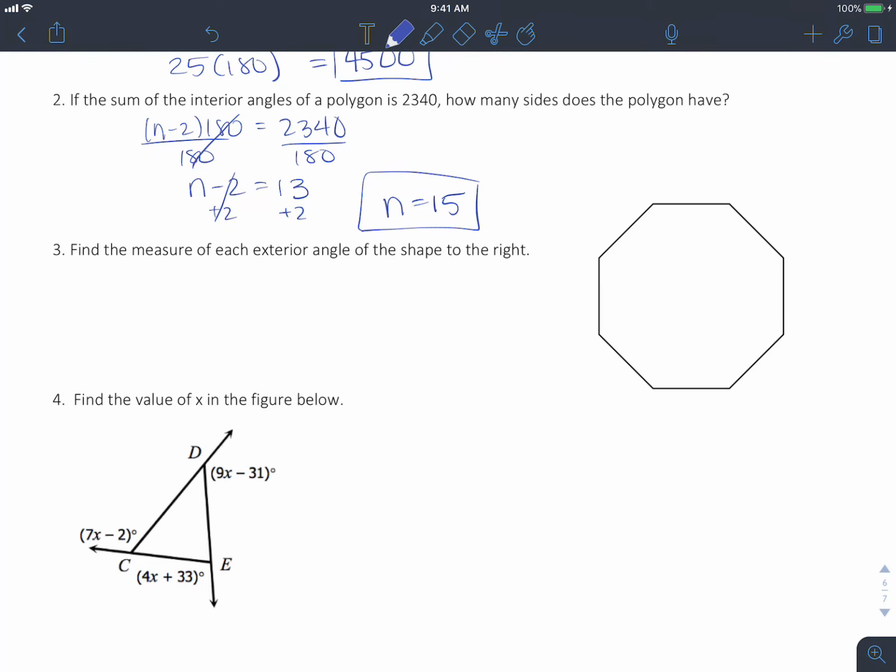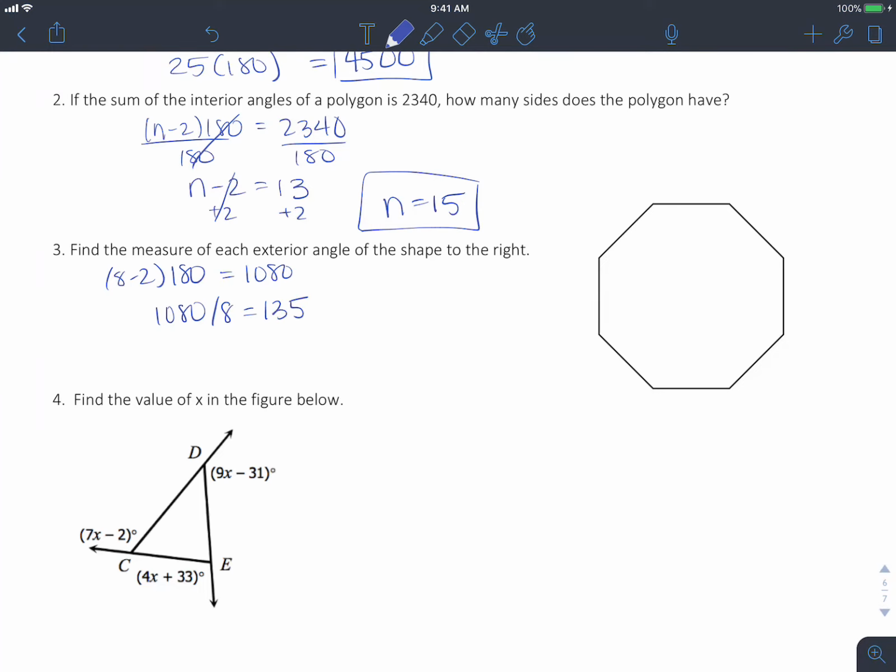All right, find the measure of each exterior angle. So you can do this 2 ways. You can find the total sum inside of an octagon and then divide it by 8. So if we do that, we're going to have 8 minus 2 times 180. So we're going to have 6 times 180, which is going to give us 1080. And then if we divide that by 8, we get 135.